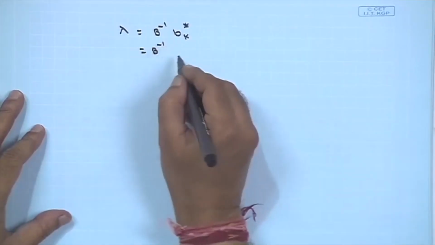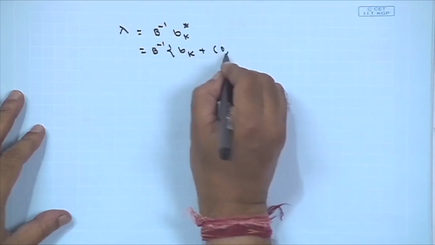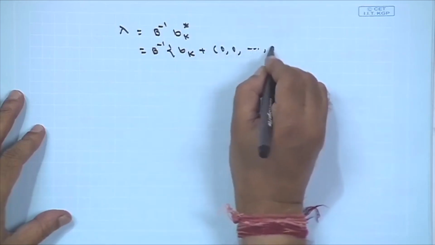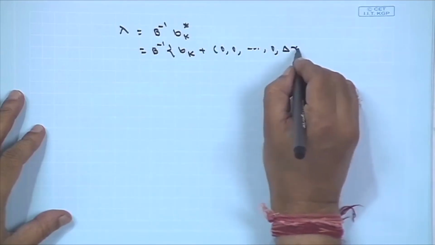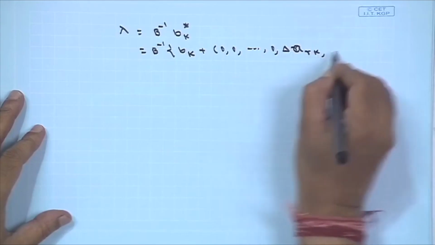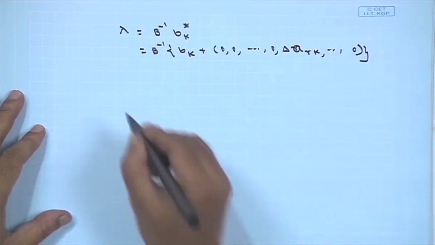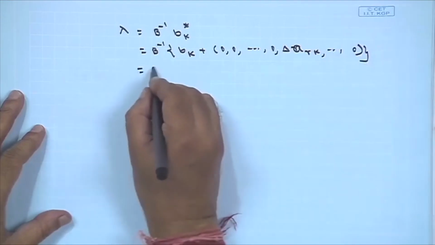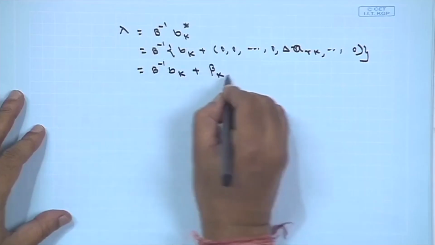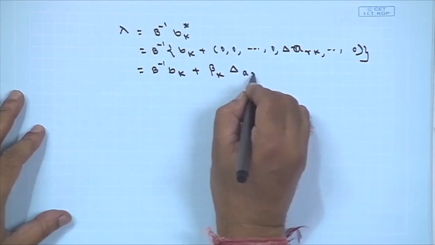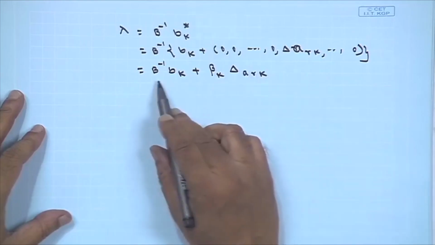What is B k star? B k star I can write down as B k plus this vector, in the kth place it will be delta A r k, and like that it is going to 0. So, it is nothing but B inverse B k plus beta k into delta A r k, where again beta k is the kth column vector of B inverse.